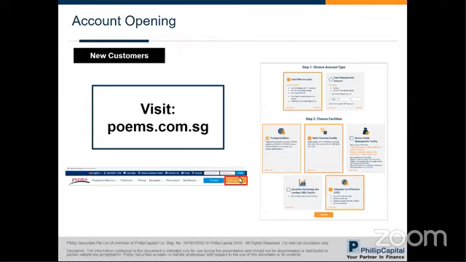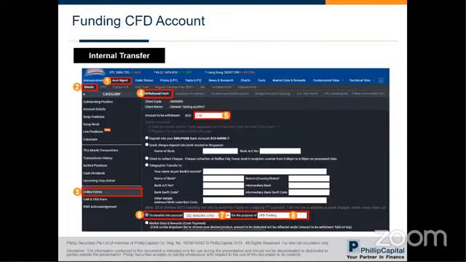If you want a CFD facility, you can take up the contracts for different CFD here, then continue with the application. The process is very seamless. You can have one account with multiple facilities, one cash trading account for stocks and CFD under one login, so you can customize your portfolio based on the flexibility given by Phillip Securities or Poems.